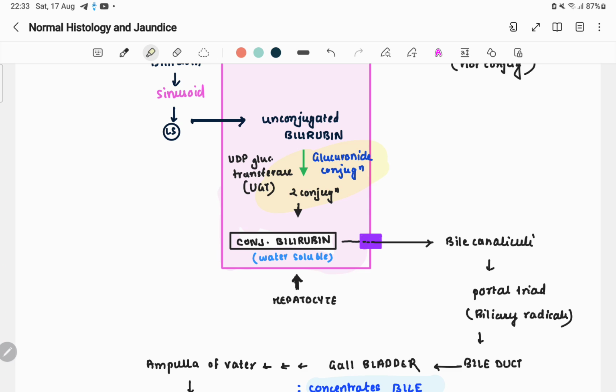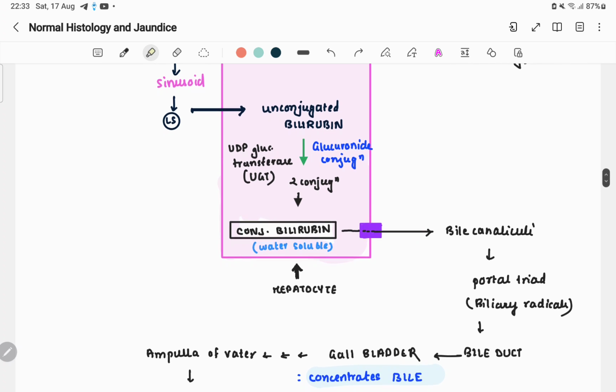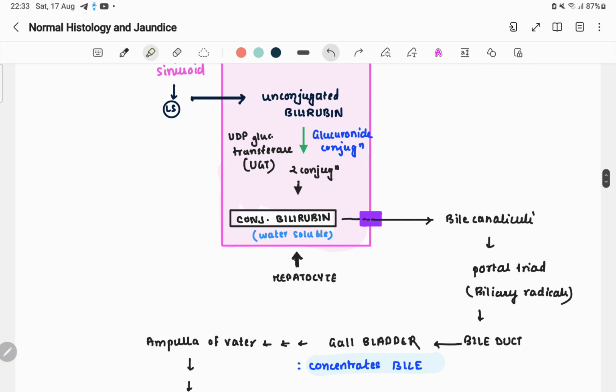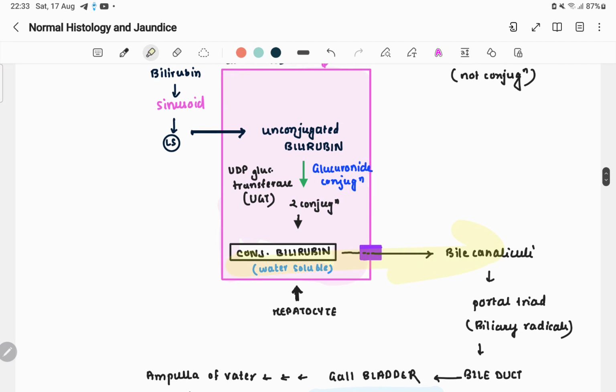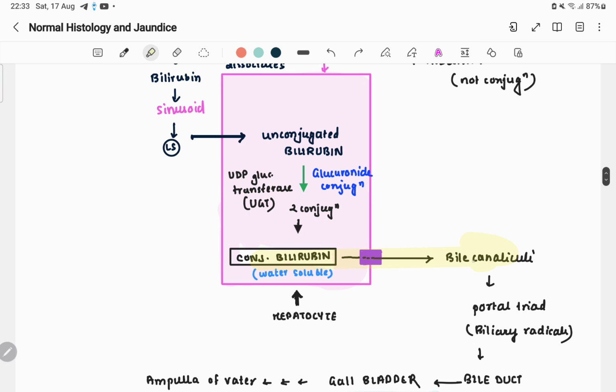Two reactions occur. You must have read in biochemistry that monoglucuronide and diglucuronide form, two conjugations occur, and now this is called conjugated bilirubin, which is water soluble. So can it exit the hepatocyte as it is water soluble now?